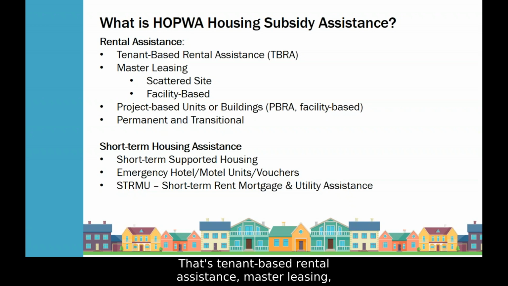That's tenant-based rental assistance, master leasing, scattered site, facility-based, and we're going to go over those, project-based rental assistance, or facility-based housing. Others are short-term housing assistance. That includes short-term supported housing, emergency motel, hotel units or vouchers, and short-term rent, mortgage, and utility assistance.